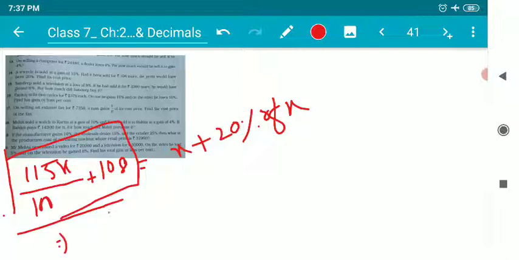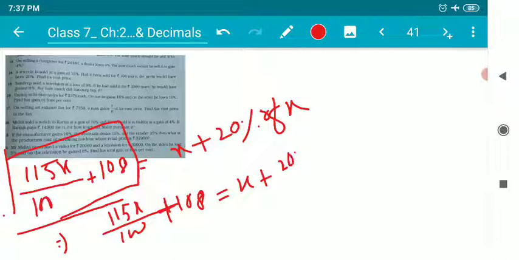Let us calculate. 115x by 100 plus 108 is equal to x plus 20% of x, that is 20x by 100.